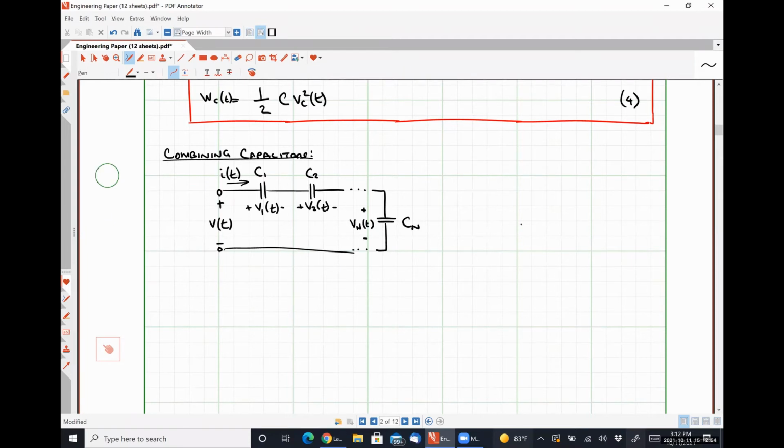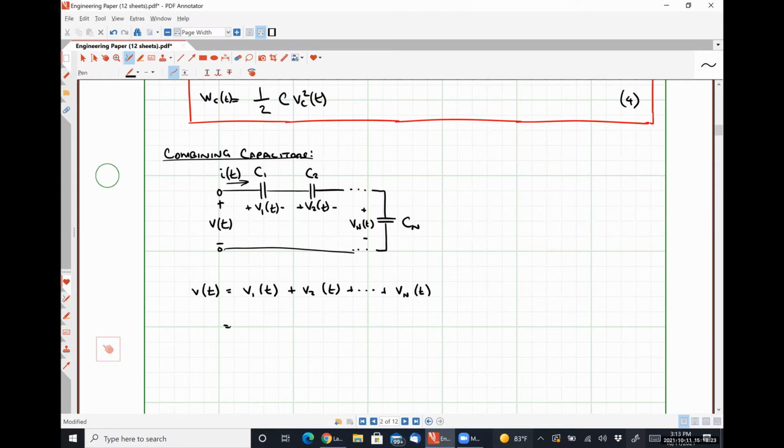And I can apply Kirchhoff's voltage law and say that Vt is equal to V1 plus V2 all the way out to V sub n. And I can express all of these voltage drops in terms of my common current flowing through all of the elements in this series connection.